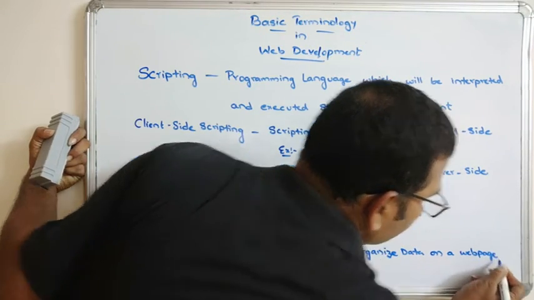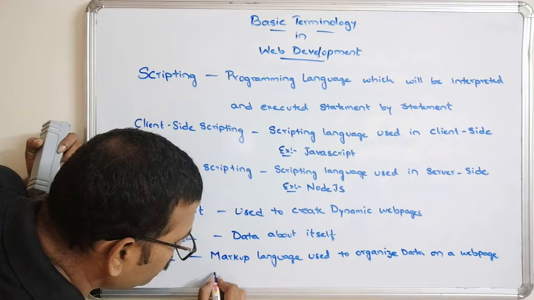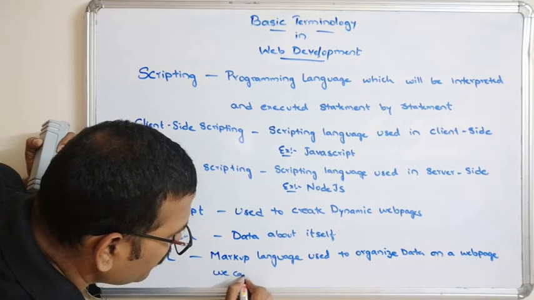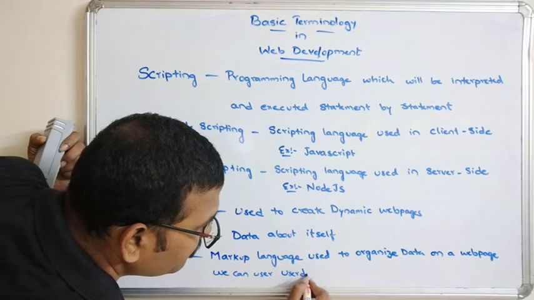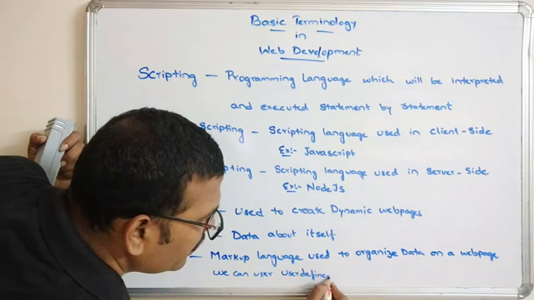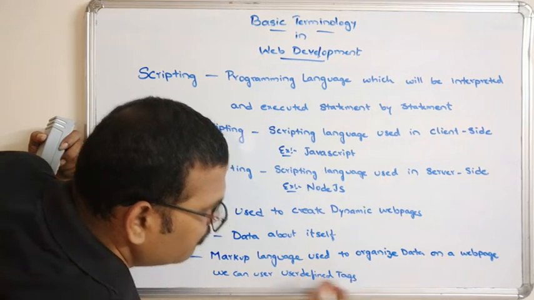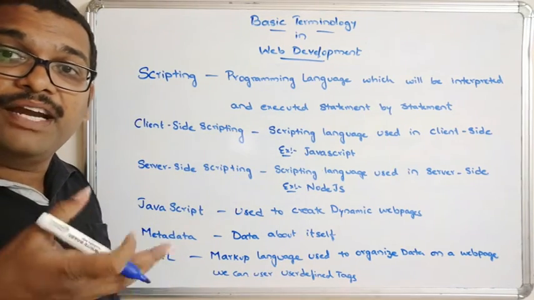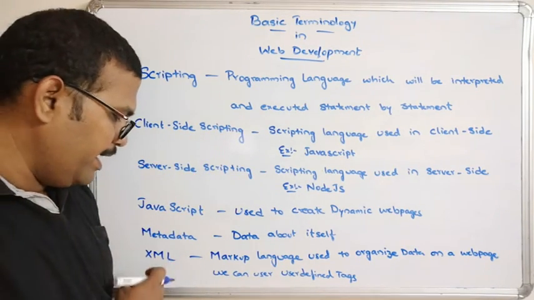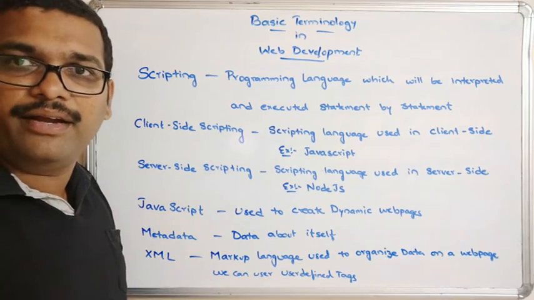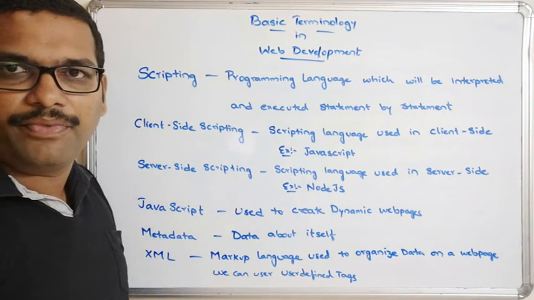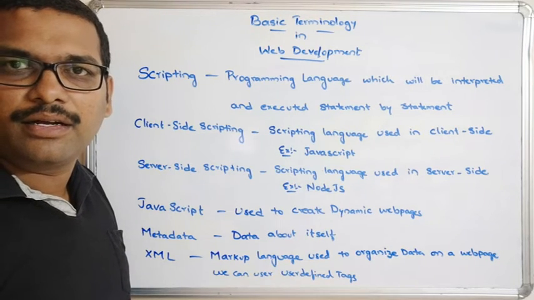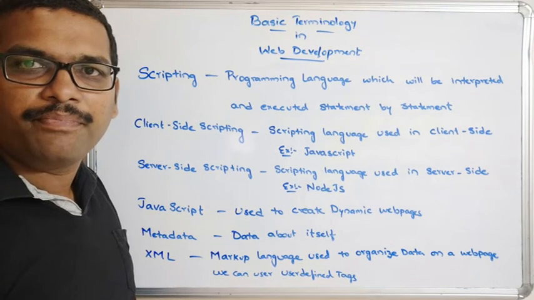But here one difference is we can use user defined tags. So HTML uses the predefined tags, but here the XML uses the user defined tags. That means the tags can be created by the user itself. Okay, we can create our own tags. Tag is nothing but a command, right?